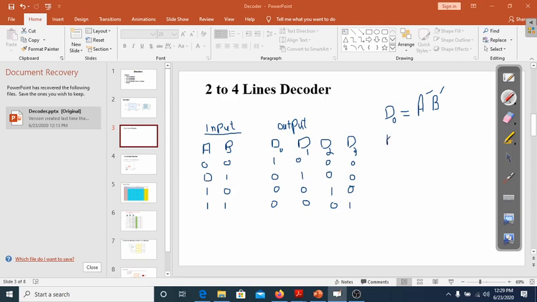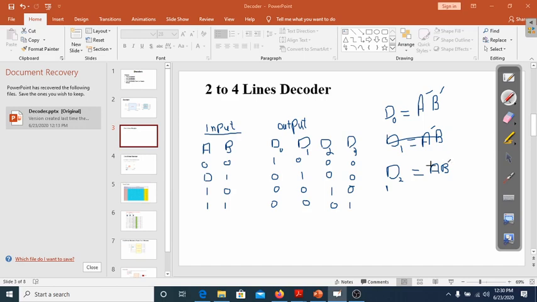For D1 I can write D1 is equal to A complement into B. For D2 I can write it as A into B complement.